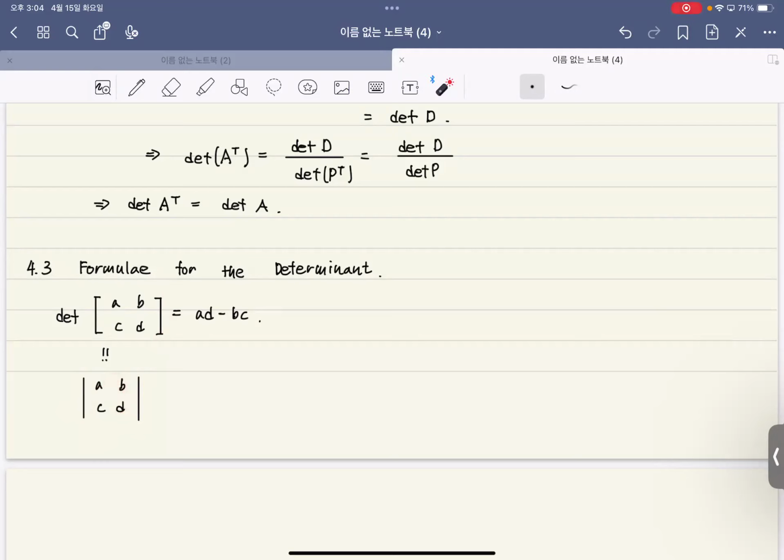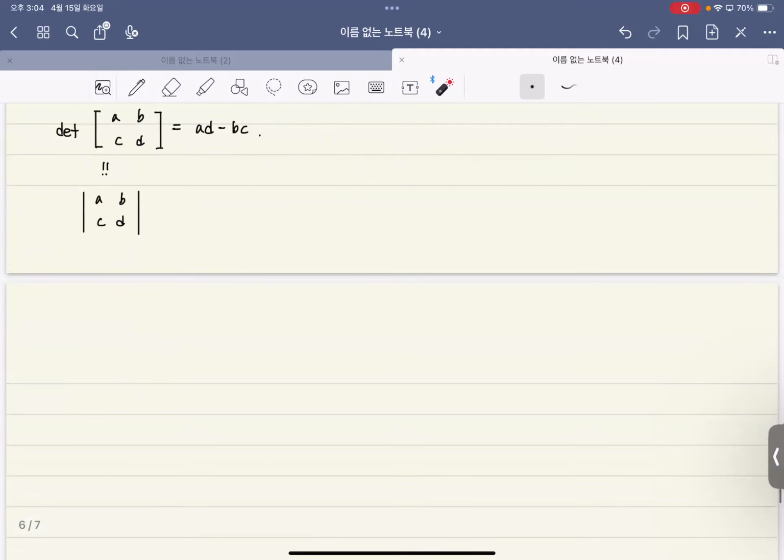Now, since we already know the formula for the determinant of the 2x2 matrix, let me try to find out the formula for the determinant of the 3x3 matrix. Let us consider the case when the matrix A belongs to the space of all 3x3 matrices.